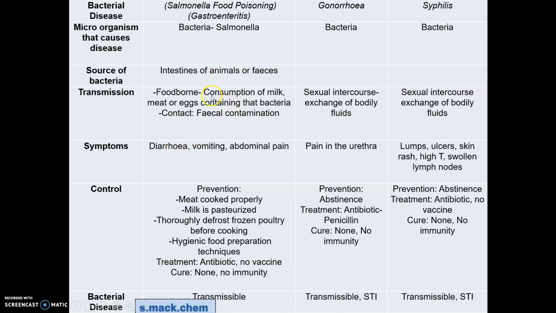Now, the presence of Salmonella in the body will lead to certain symptoms, and it is preferable to get rid of these symptoms so that a person may feel well. They can do so through prevention methods or treatment methods. If you cook your meats properly, it will kill any and all Salmonella bacteria which may be present.